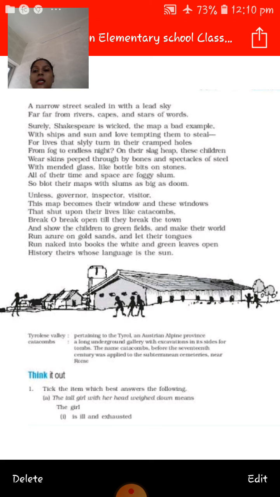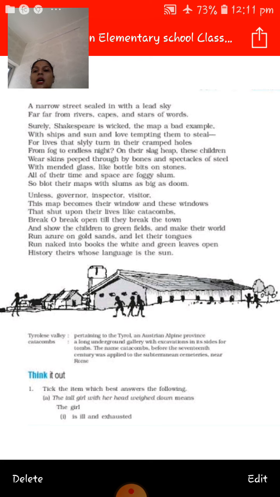On their slag heap, these children wear skin peeped through by bones and spectacles of steel with mended glass like bottle bits on stones. All of their time and space are foggy slum, so blot their maps with slum as big as tomb. So here definitely Shakespeare should be called wicked, because teaching is a bad example. These children are tempted to steal because of their love for ships and sun, and they sleep in their huts.